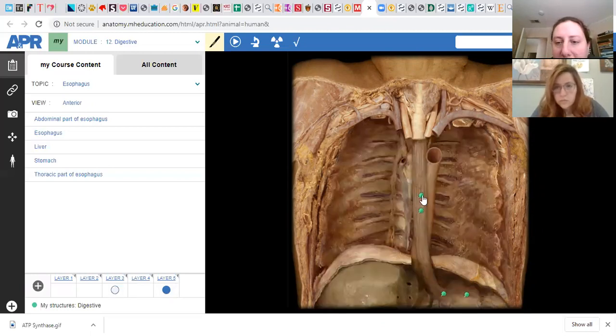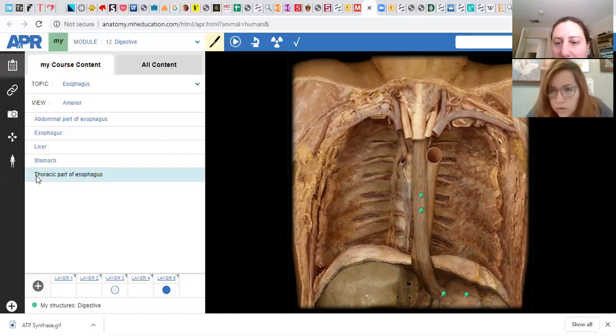But if you go in here, we can see the esophagus running. It runs right behind the trachea, and then it runs through the diaphragm, kind of right next to the blood vessels, and then here it is inserting into the stomach. So the portion of the esophagus running through the thorax is the thoracic part.